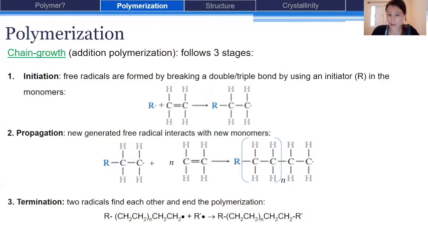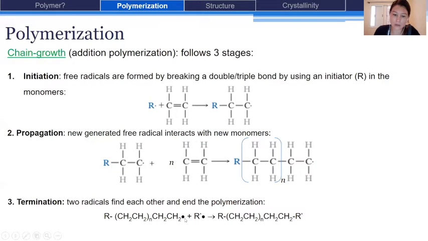And the final stage in chain growth polymerization is termination. Termination is the stage where the chain growth stops for different reasons. One of the reasons for these chains to stop growing is that two radicals meet each other in the polymerization mixture and create a covalent bond.